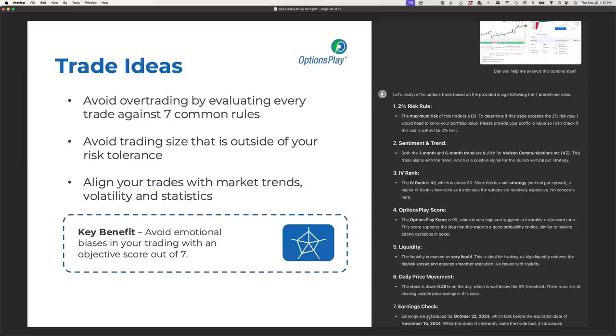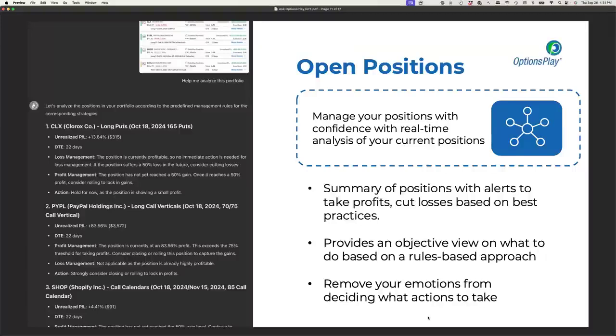And that's how you can start making corrections to your behavior and start making better trading decisions. So avoiding emotional biases in your trading with an objective score out of 7 is our primary goal with trade ideas. Okay. The second thing we want to look at here are your open positions. Managing your positions with confidence and real-time analysis of your current positions.